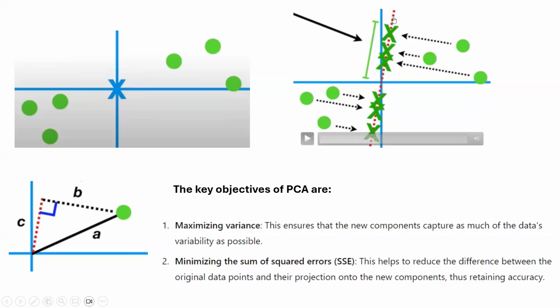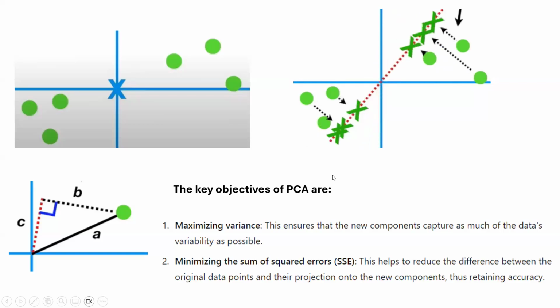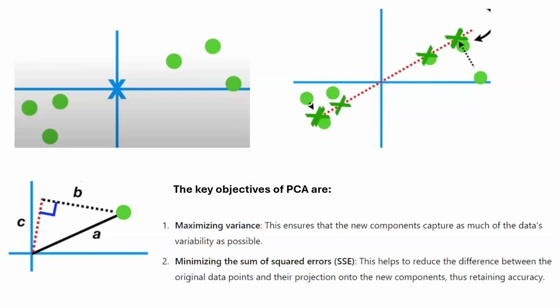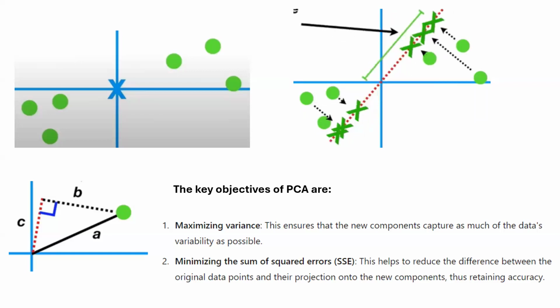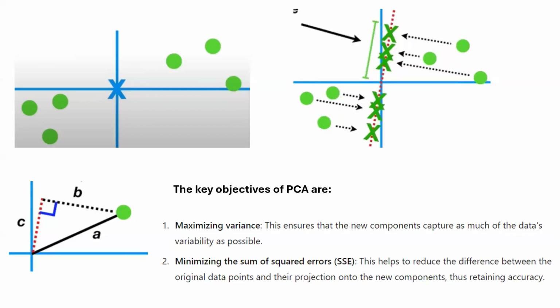Now, what you have to observe is, when this line is approaching the best fitting line, how this distance is changing. Okay, so I'm playing that again. Just look at how that distance is changing. As the line is moving towards the best fitting line, is it increasing or decreasing?